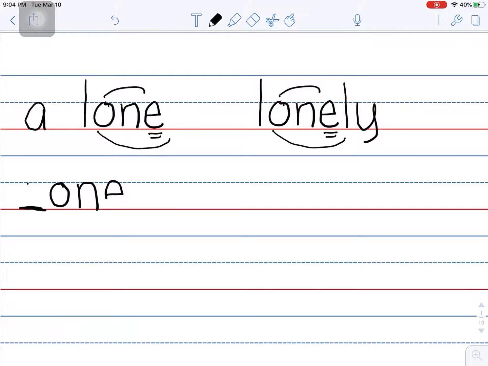And here we go. The sound of the O is uh? And it's a really odd sound. I'm going to mark it with an X. Make sure you pay attention that that's the odd spelling.